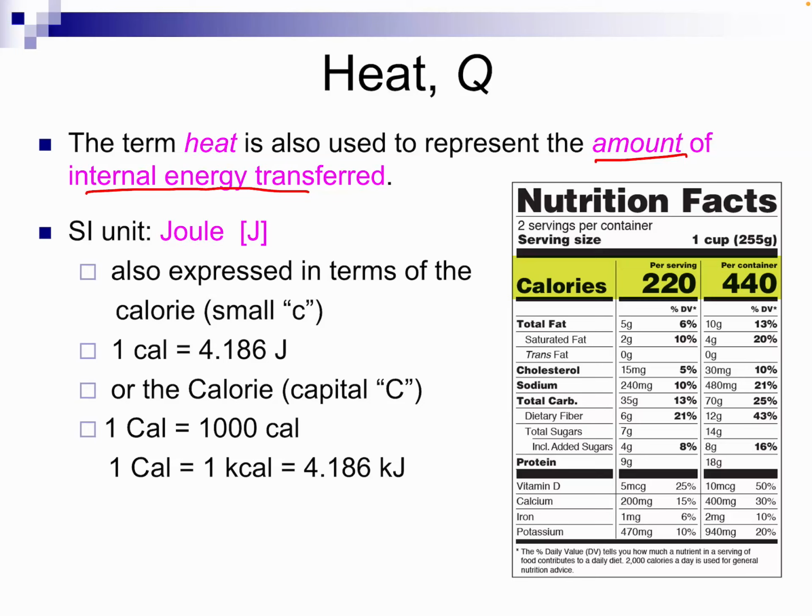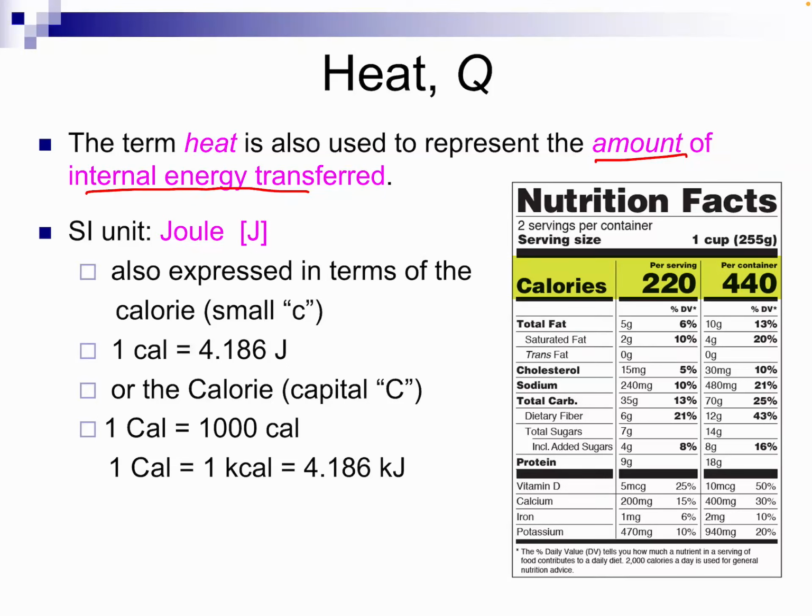It's the transferring of energy, at the same time it's the amount of energy that's transferred. So we use the term heat interchangeably, but it's also related, right? Because the amount of energy transferred depends on the difference in temperature between the two objects.